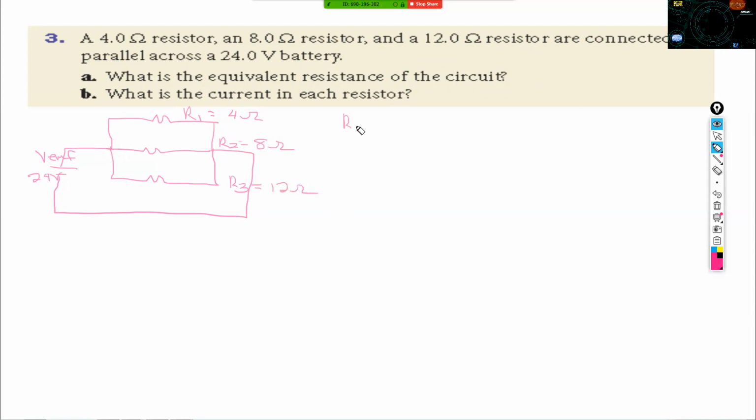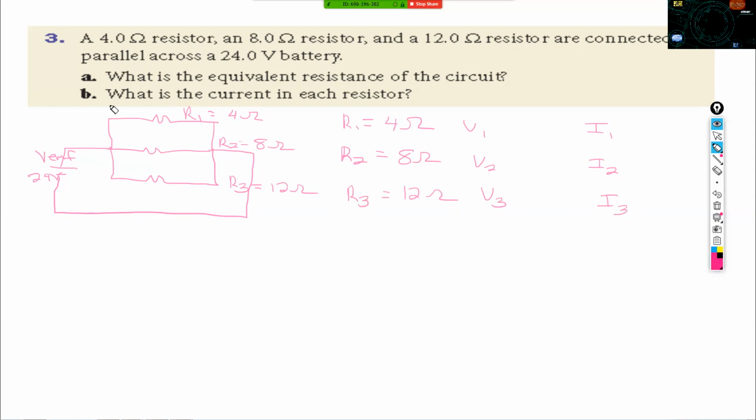So again, I like to set it up the same way, nothing changes. Try to keep them all pretty similar. So V1, V2, V3, I1, I2, and I3.